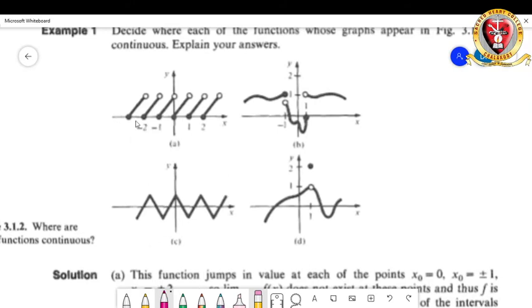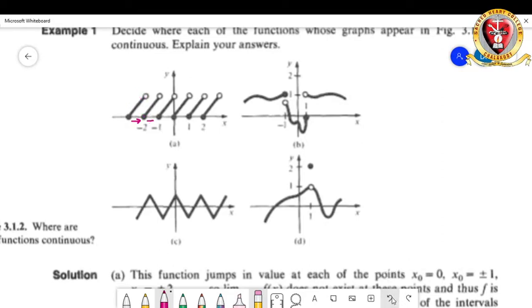At -2, suppose we are approaching from the left and from the right. From the left, the function moves to this point. And when we are considering the function from the right, the function moves to this other point. They are not coinciding. So that means the function is not continuous at -2.